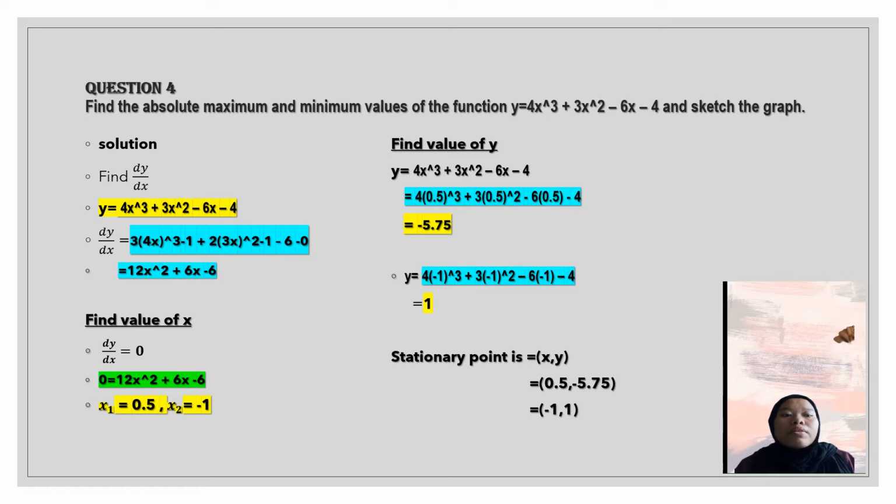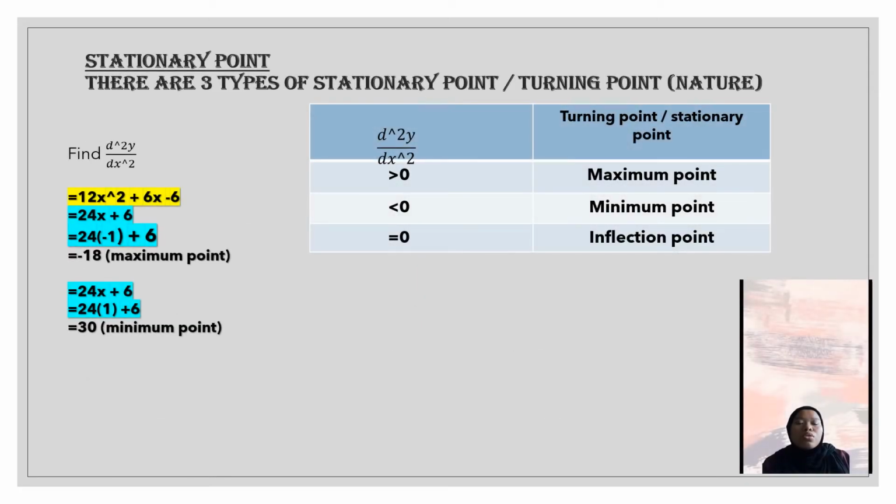We got 1. So the stationary points (x, y) are (0.5, negative 5.75), and another one is (negative 1, 1). So we go to the next slide.